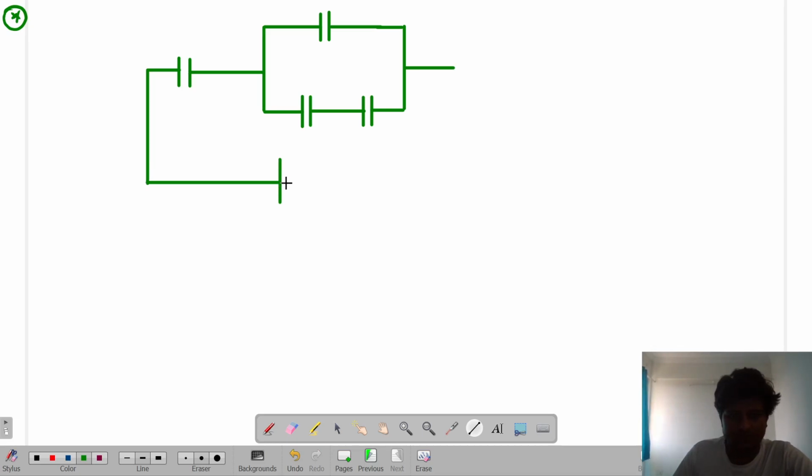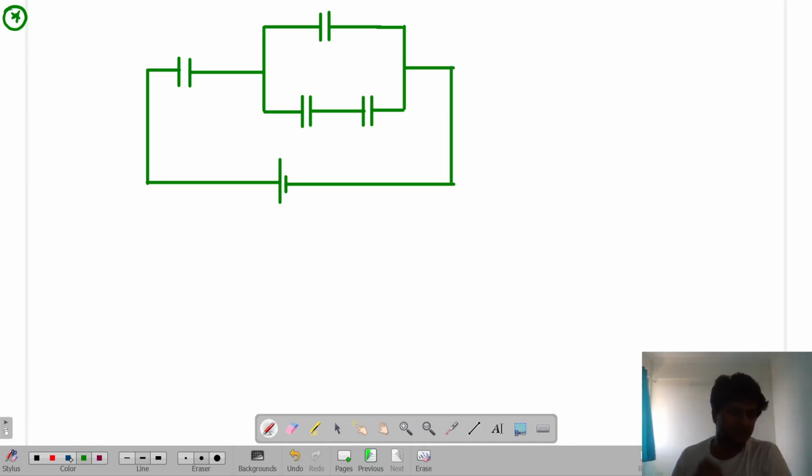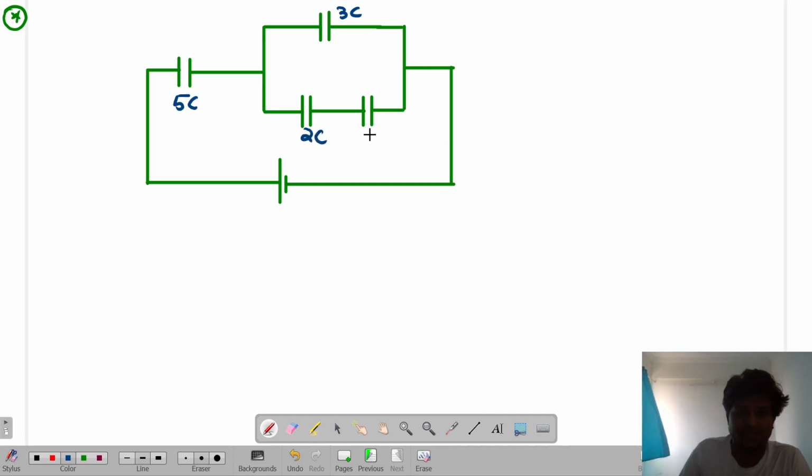Question is, if I connect the whole circuit in two parts, okay, so this is 5 coulombs, this is 3 coulombs, this is 2 coulombs. Sorry, what I'm saying, 5C, 3C, 2C, and C. And the EMF of battery is E. Right or not?